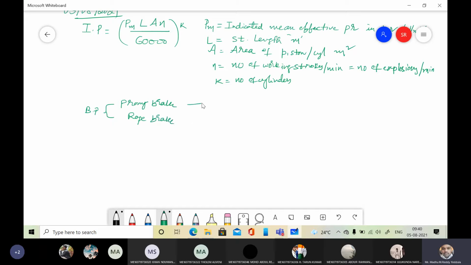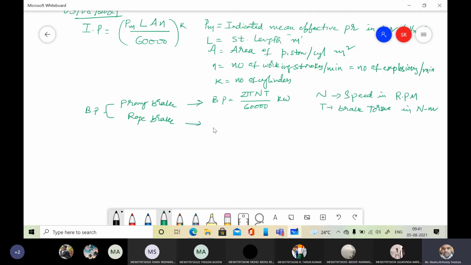According to the Prony brake dynamometer, the brake power BP is equal to 2 pi N T by 60,000 kilowatt, where N is the speed in RPM, revolutions per minute, and T is the brake torque in Newton meter. That is a must. Brake torque should be in Newton meter.